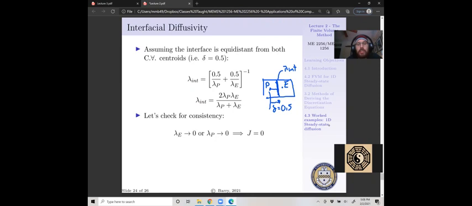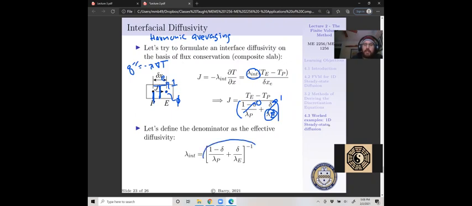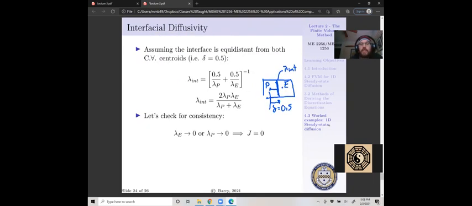Or this gives us 2 lambda P lambda E per lambda P plus lambda E. Now, in this manner, if we actually execute this inverse here, we have a much nicer expression.